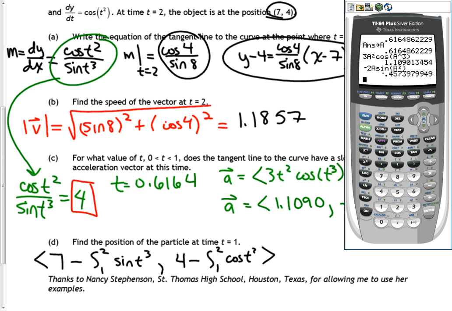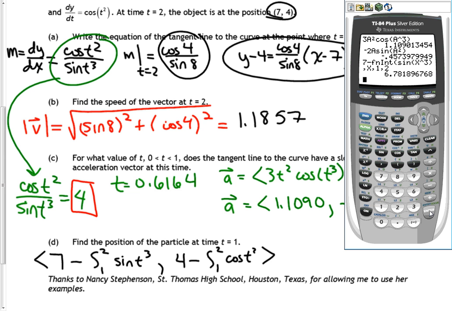So grabbing my calculator again, I'm going to calculate 7 minus the definite integral of sine of x cubed. And I want to do that in terms of x, from 1 to 2. So this should be my x component, sorry, the x value of my position is 6.7818.